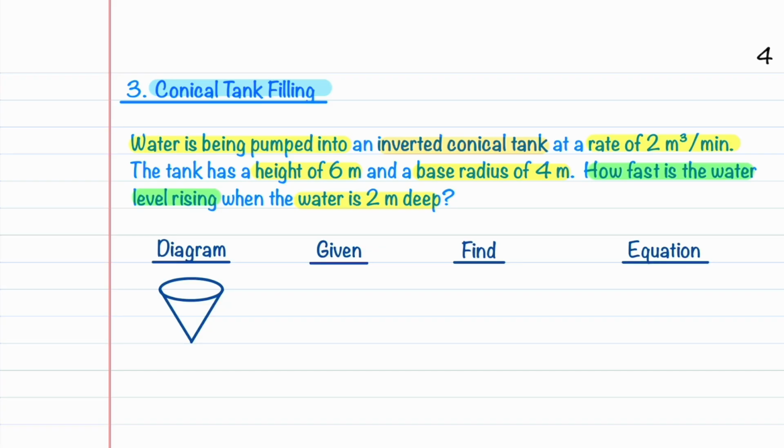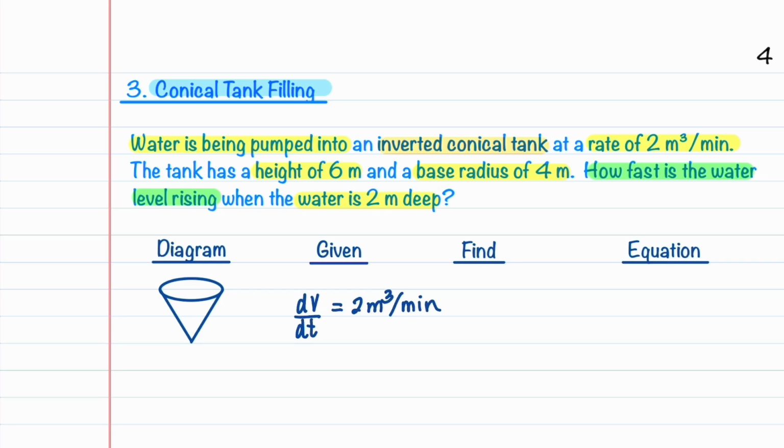Let's now write down what we're given in this problem. The water is being pumped into the tank at a rate of 2 meters cubed per minute. So the rate of change of the volume, dV/dt, is equal to 2 meters cubed per minute, and that's positive because water is being pumped in.